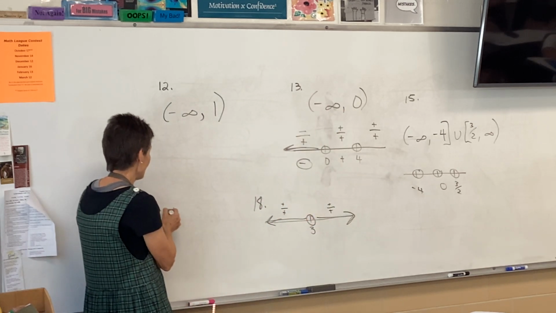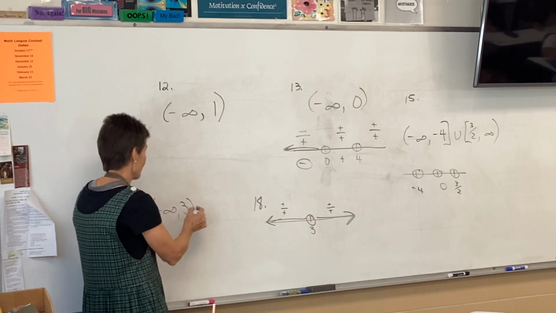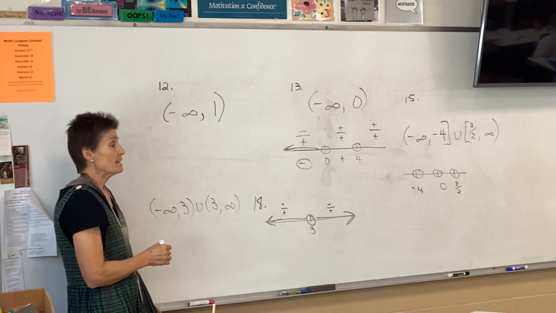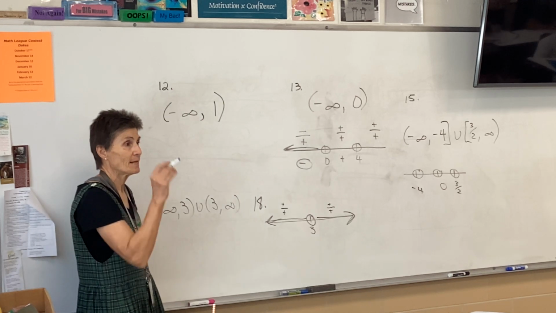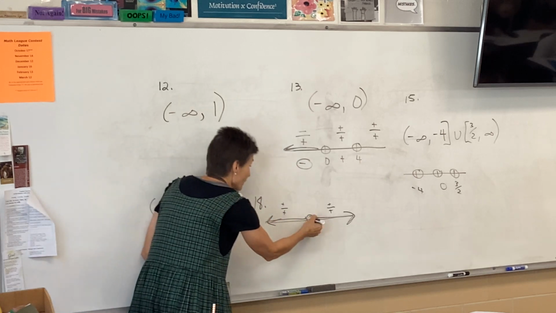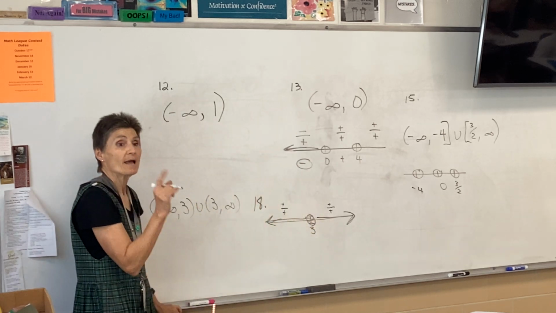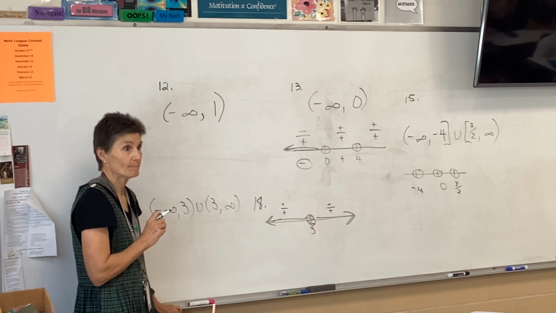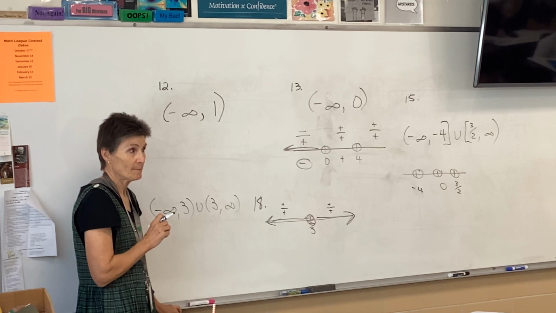So negative infinity to 3 or 3 to infinity. If the problem had been an or equal to problem, then that would have been a colored in dot, and then your answer would have been negative infinity to infinity. Makes sense to everybody?